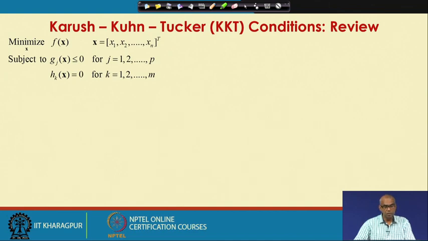What you see is the statement of a general nonlinear programming problem: minimize f(x) where x is an n-vector, subject to p inequality constraints, and let us say you have m equality constraints. The idea is you have a general nonlinear programming problem with n decision variables and several inequality and equality constraints.